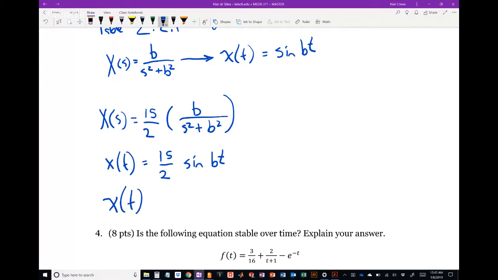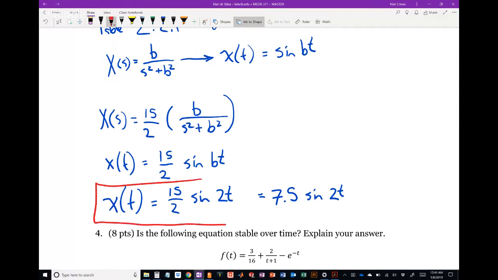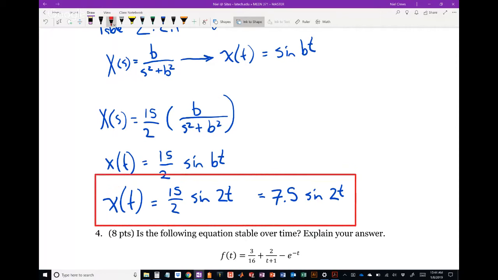X of t is going to be 15 halves sine of 2t. Okay, that is 7.5 sine of 2t. Either one of those two forms would have been just fine.